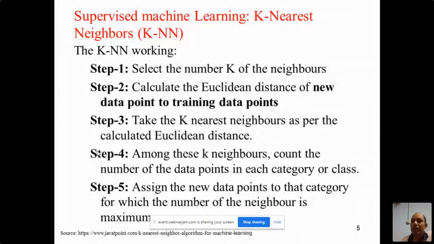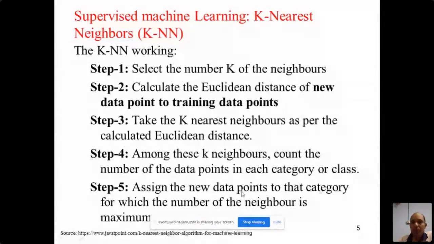Suppose you have yes and no. In that case, you can say that two out of 3 data points have the class label yes, and one has class label no. Then in step 5, assign the new data point to the category for which the number of neighbors is maximum.